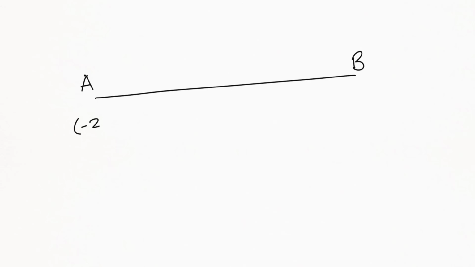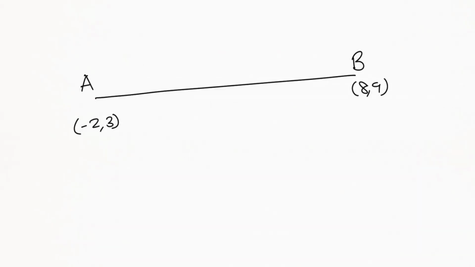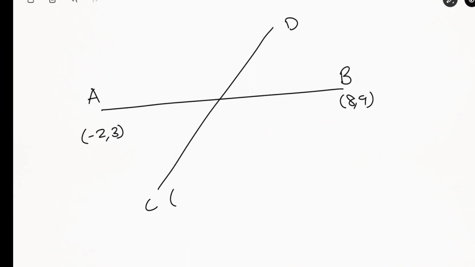AB is given: A is (-2, 3), B is (8, 9), let's cross check. C and D: C is (0, 4) and D is (3, 0). So how to solve this problem, right?